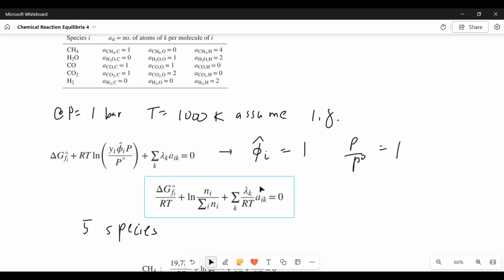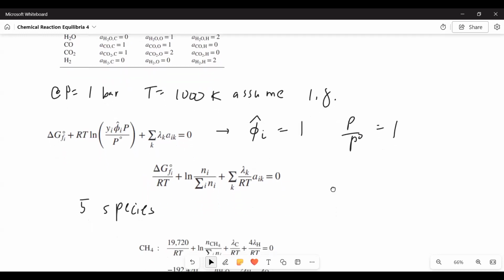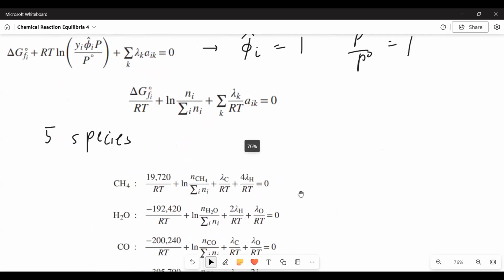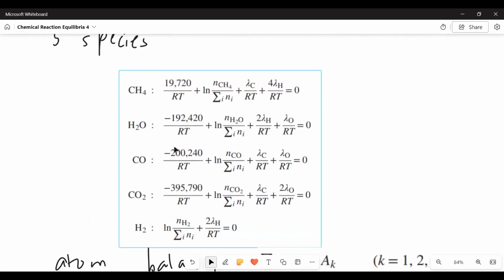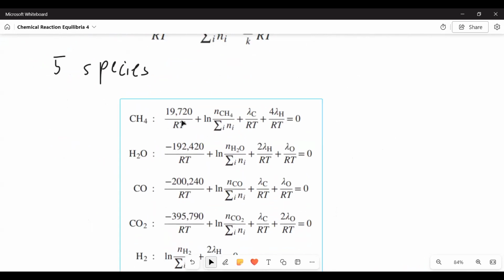The next step is to expand this equation for each of the species. As you can see here, we have the lambda sub k and also the small letter a sub ik, and we have to expand this for each equation. Let's look at an example. Since we have 5 species, we do it for each of the 5. Let's begin with methane.